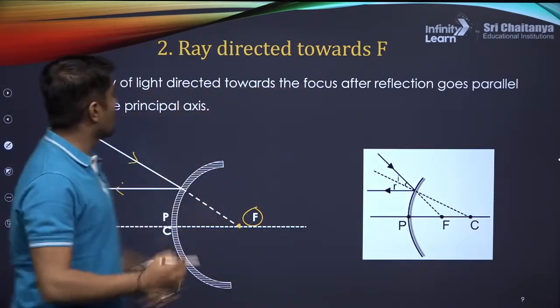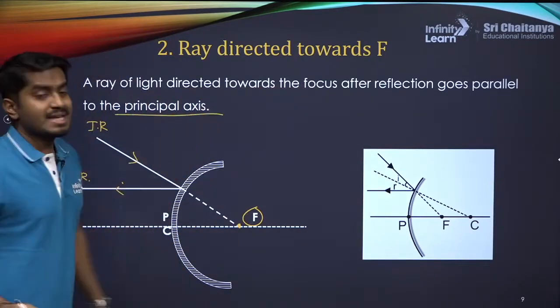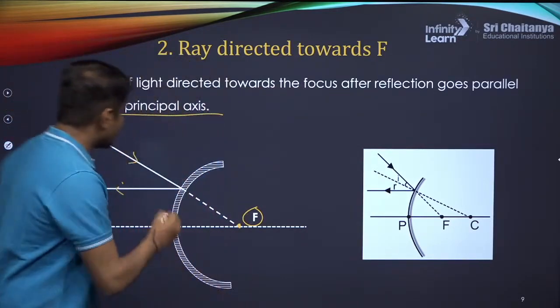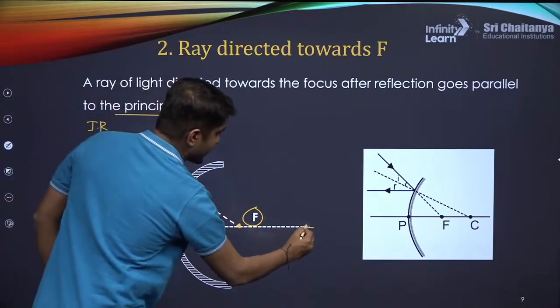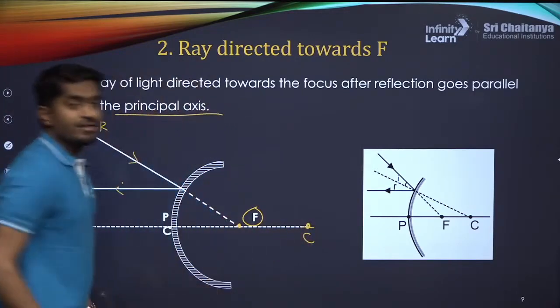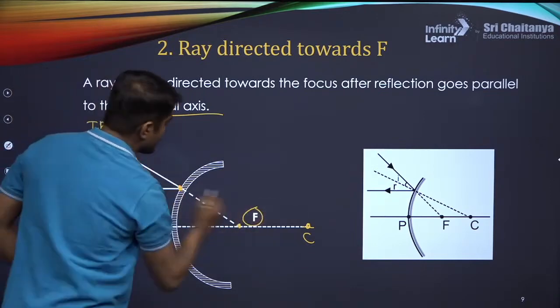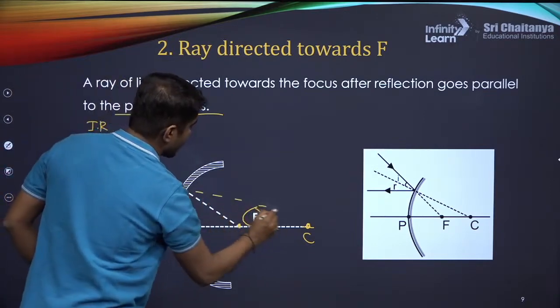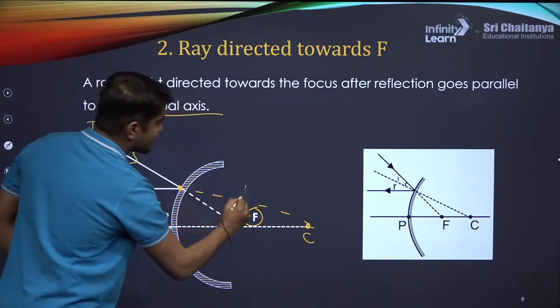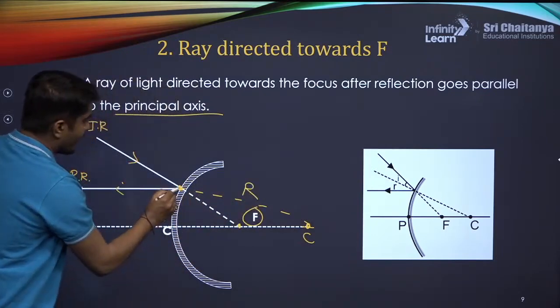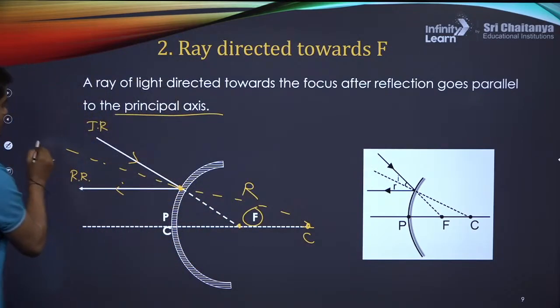The reflected ray goes parallel to the principal axis. And again, this point here, if there is a focus, there would be the center of curvature somewhere here. There is a point of incidence. If you join these two, what will be this line? It is nothing but our radius. If you extend this radius, what is this?